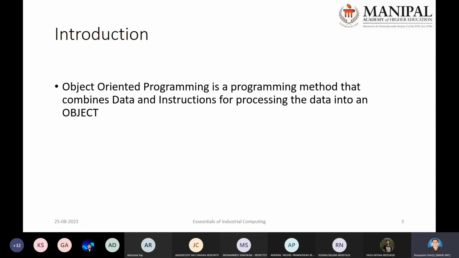These objects can be used within a program or in other programs. With object-oriented programs, a programmer can use these objects, which contain the data and their associated processing instructions, and using these, they can develop complex programs.